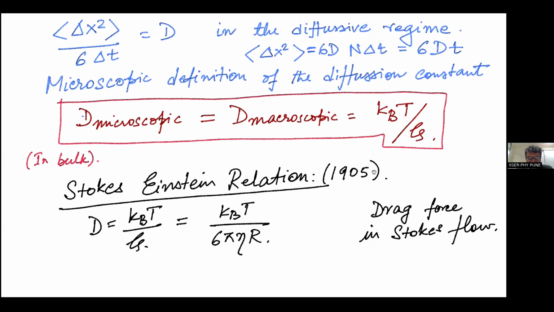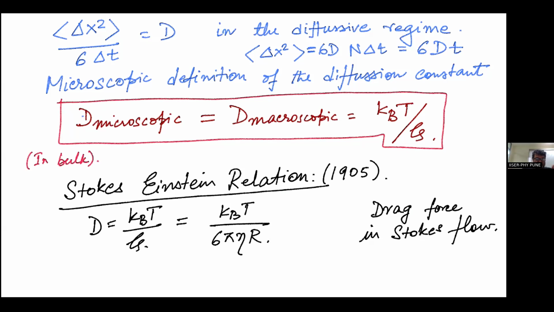So you will find that both the macroscopic and microscopic diffusion constants are equal because the origin is the same. When there is a concentration gradient, each particle is doing a Brownian motion. It is moving in random directions, right?